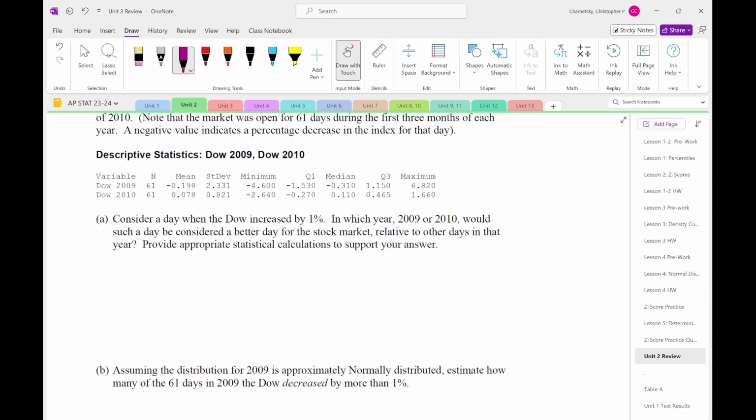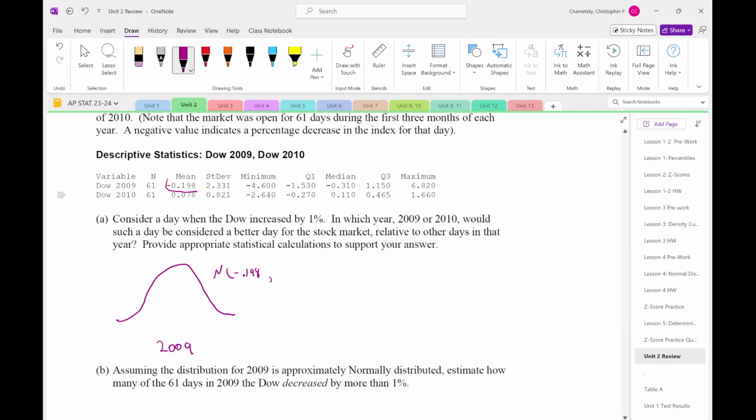So in order to compare that, we're going to compare both of those normal distributions. So over here, we'll draw a normal distribution for 2009. And that had a normal distribution with a mean of negative 0.198.